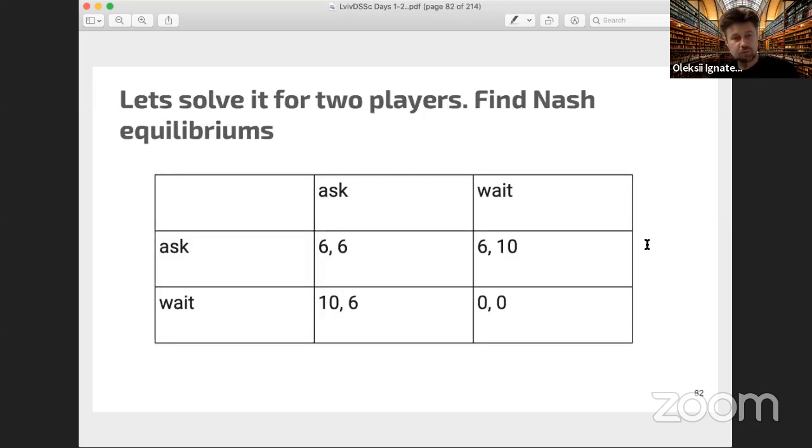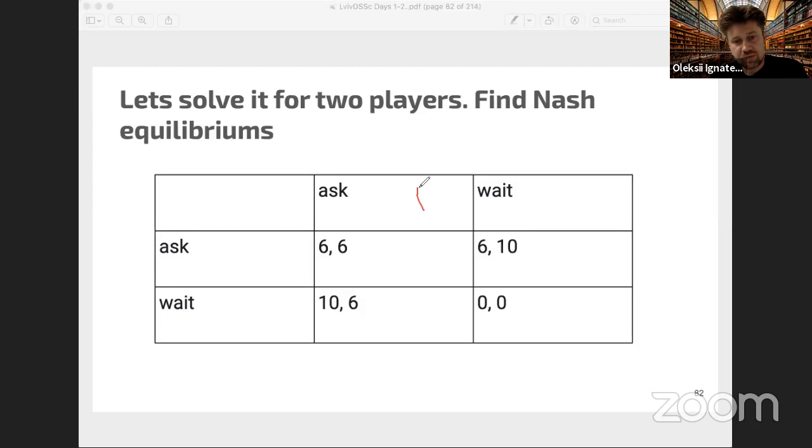So for 2 players, suppose that a player uses a mixed strategy: with some probability p he asks, and with some probability he waits. Then we need to equalize payoffs. From asking, the payoff is always 6, and from waiting, the payoff is 10p.